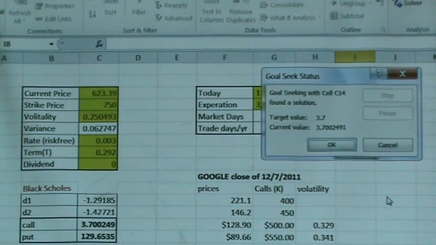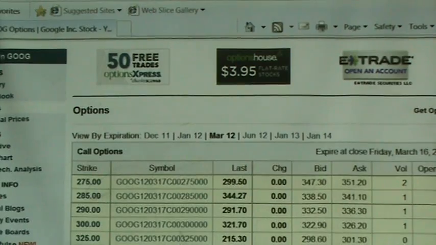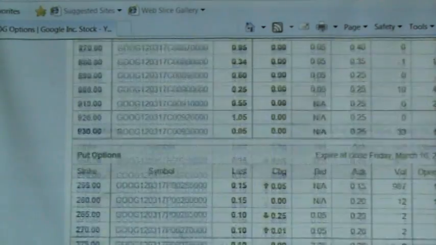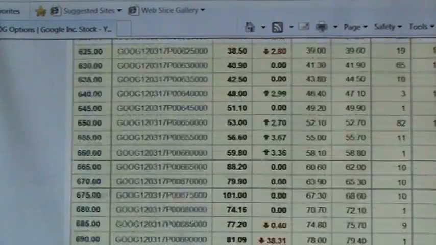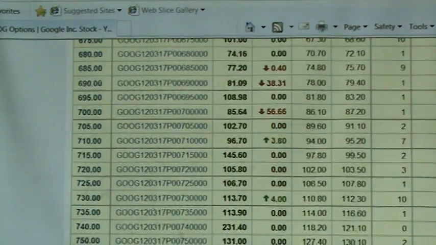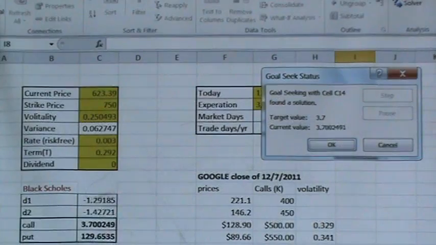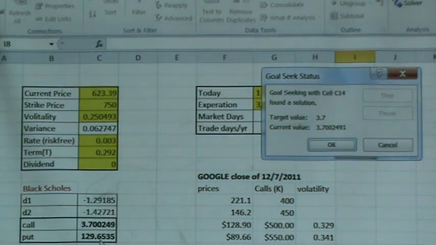Oh, actually, I'm curious if the puts match. So 129.65, according to put-call parity, these are calls, right? Then we switch to puts. Now, the 750 put is selling for 131, and according to us it should be 129.65.